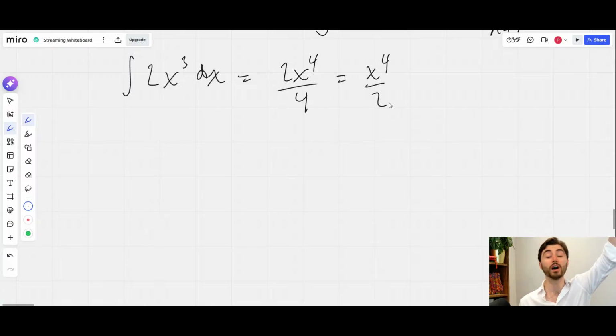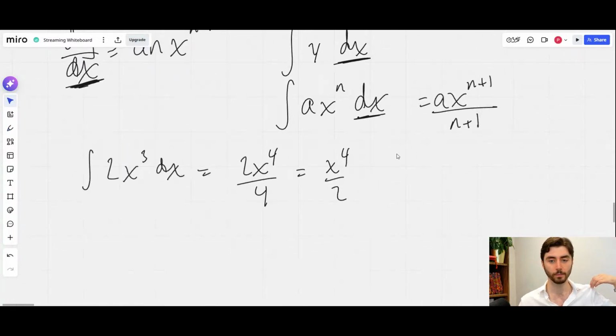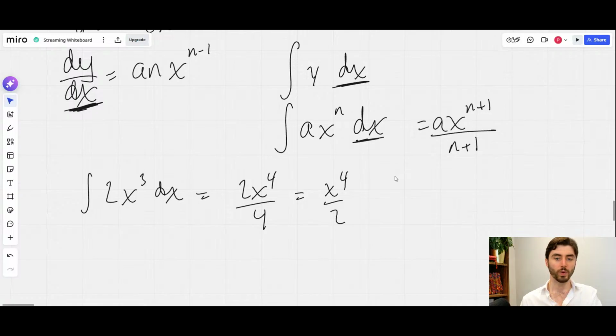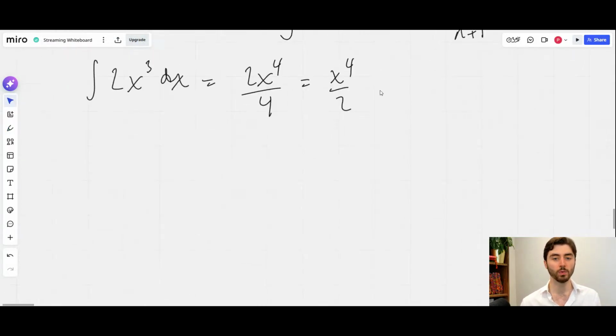Now, I have forgotten something, and for that I apologize, which is that we also need to add a plus c. If integration is the opposite of differentiation, what we need to do is to ask ourselves, what would differentiate back onto my original function? So what would differentiate back onto 2x cubed?